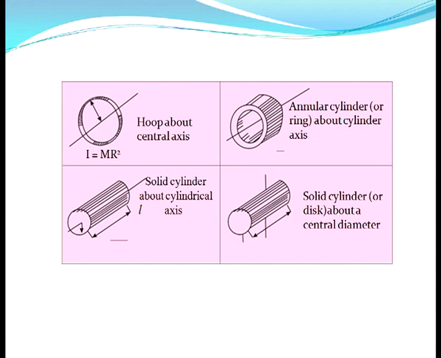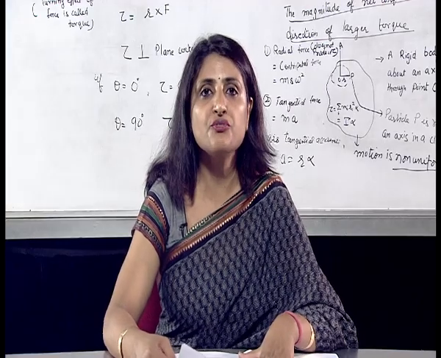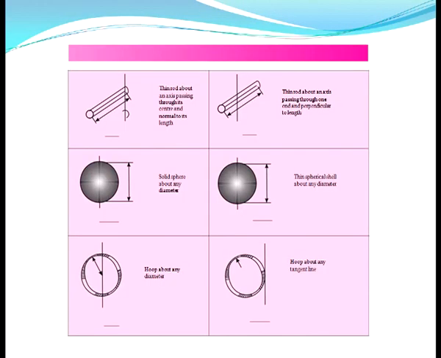For the solid cylinder, if we take the moment of inertia about an axis passing through the central diameter, we get I = mr²/4 + ml²/12. Now we find the moment of inertia of a rod in which the axis is passing through the center and normal to its length. The value comes out to be I = ml²/12.